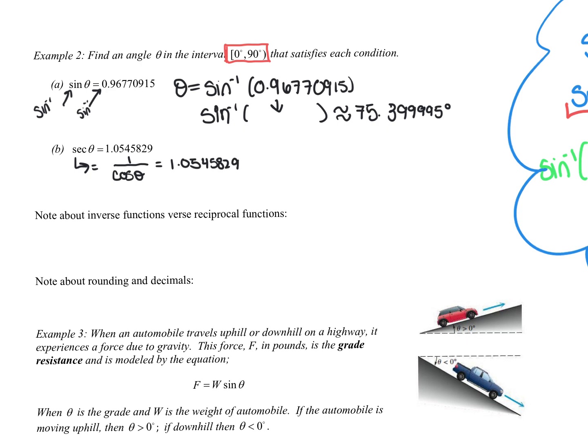So in theory, I'm going to multiply this cosine over here, and then I'm going to divide the 1.05455829 over to the other side.